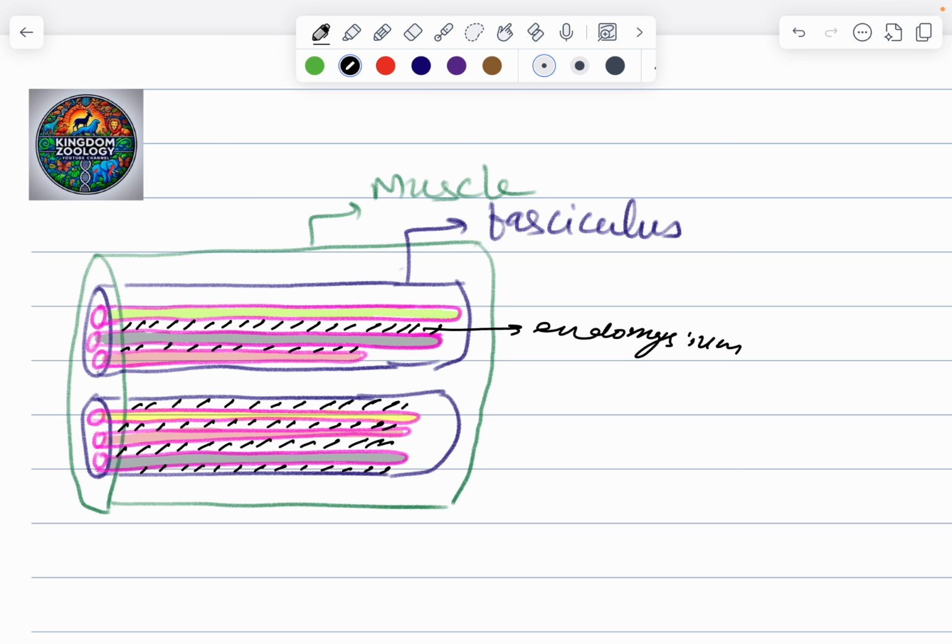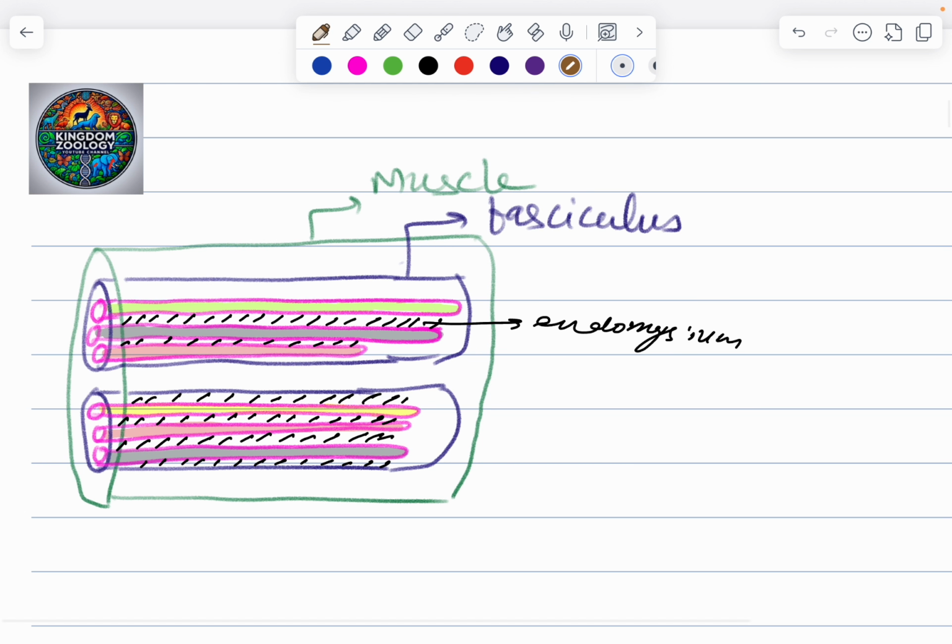Okay, then if you talk about the second layer of the connective tissue, the second layer of connective tissue would be holding the fasciculi together. This one, there would be a connective tissue here also. This is holding the fasciculi together.